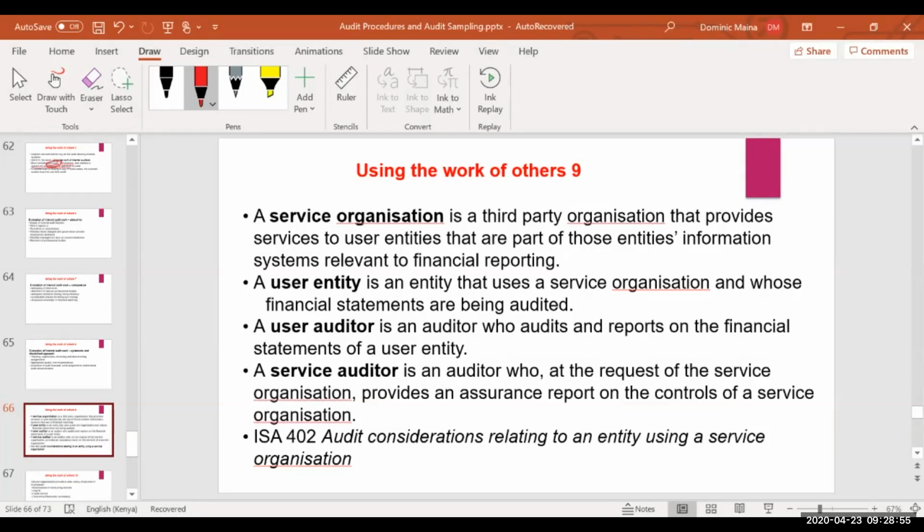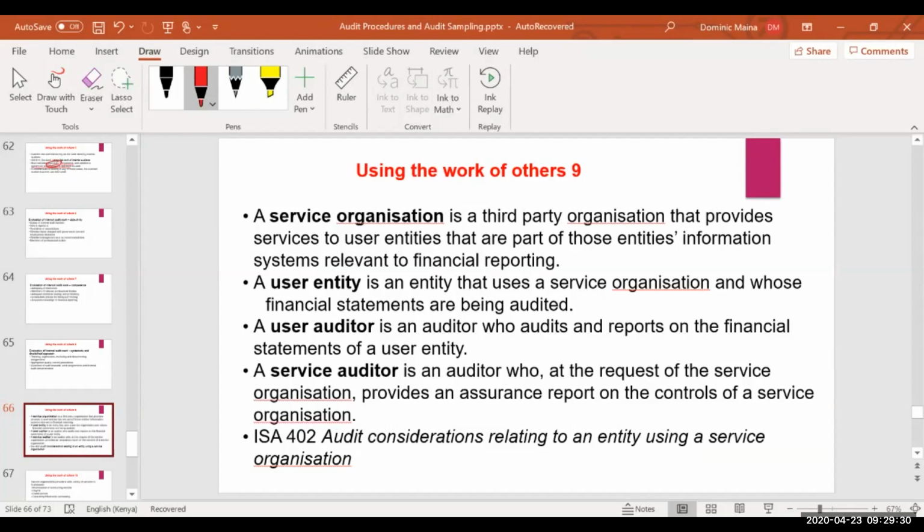Maybe in another area, in the case of the internal audit department, if the company itself does not have its own internal audit department and the internal audit services have been outsourced to another entity, that other entity is also referred to as a service organization, because they're providing some internal audit work.